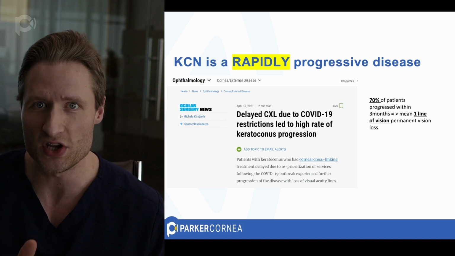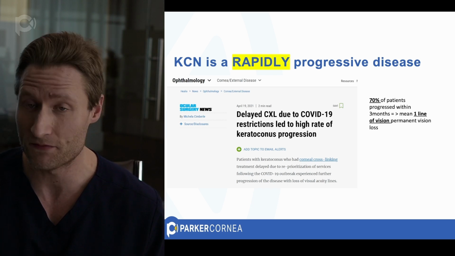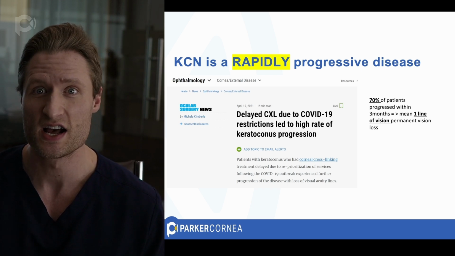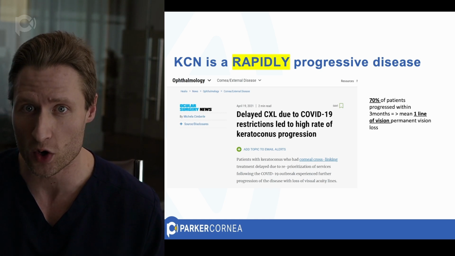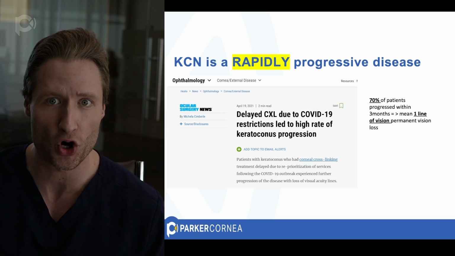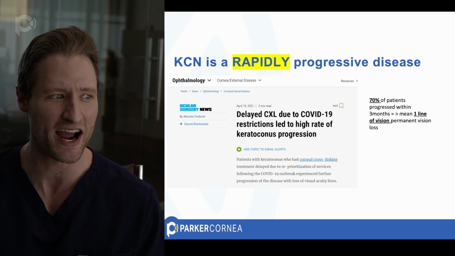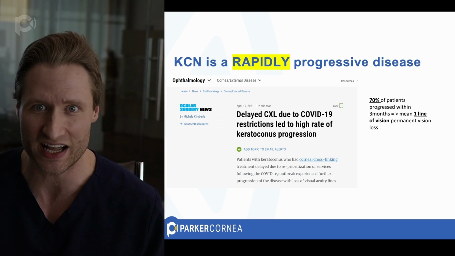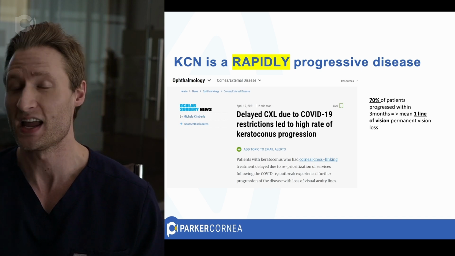And what this study found is that after delaying cross-linking for 3 months, 70% of those patients got worse permanently, had a permanent change in the shape of their cornea, resulting in, on average, 1 line of best corrected vision lost permanently in 3 months.